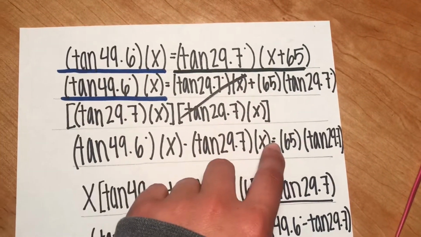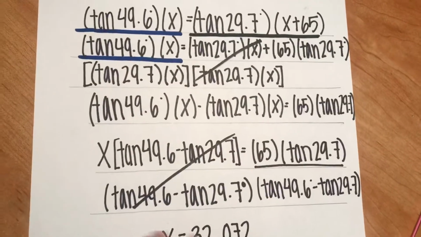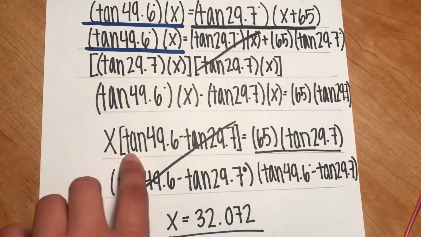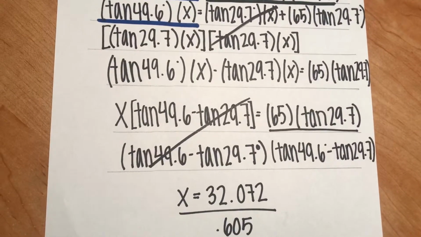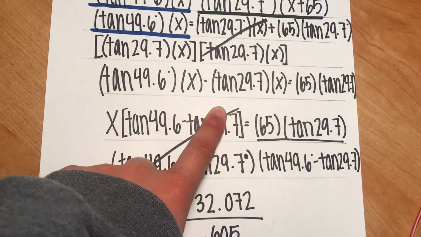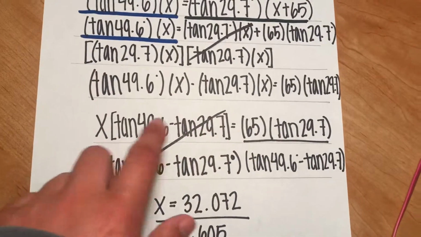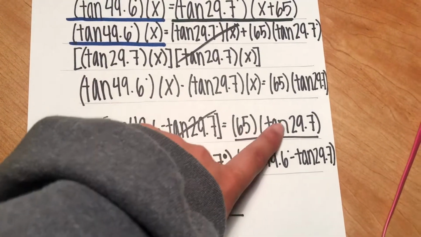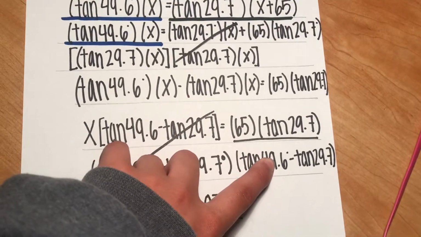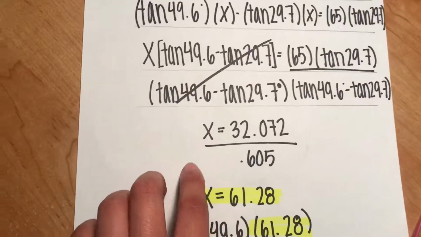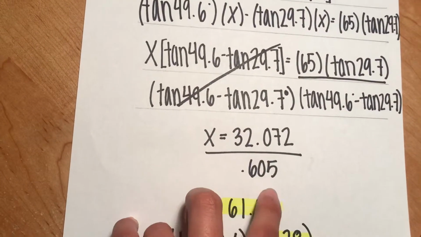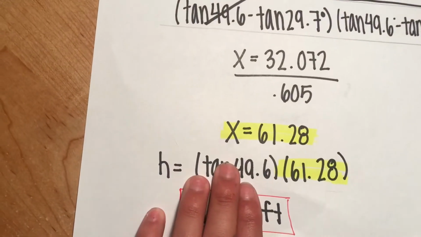They brought down the 65 tangent of 29.7, and they put x with the brackets, and then they divided by the bracket so it cancels out, and they were left with x equals 65 tangent of 29.7 over tangent of 49.6 minus tangent of 29.7, and that gave them x equals 32.072 over 0.605.